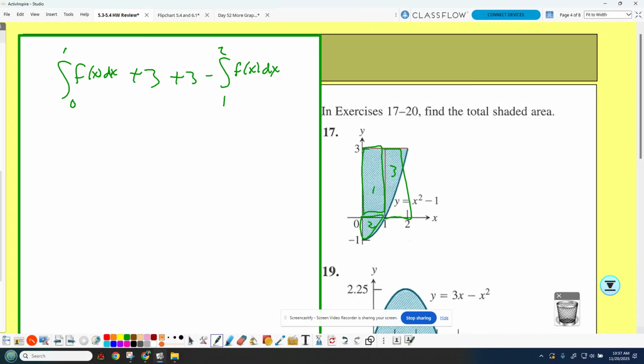Close, there's a mistake. Isn't it the same thing as integrating from y equals negative x squared plus 4?